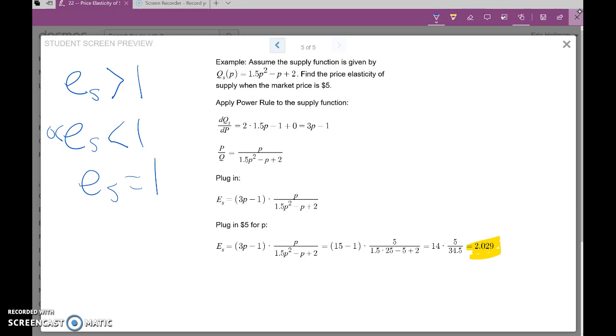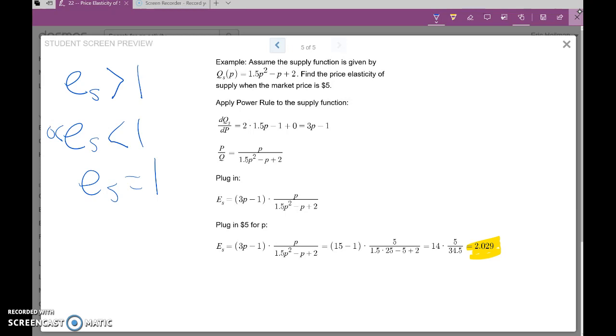One thing to note is when we were doing price elasticity of demand, we noticed that price elasticity of demand always has to be negative because when price goes up of a good, you will always demand less. That is the law of demand. That works reverse for supply. If I'm a producer and all of a sudden I can get $20 per unit for my good in the market instead of $10, I'm going to be like, yeah, I got to cash in on that, so I'm going to produce more.